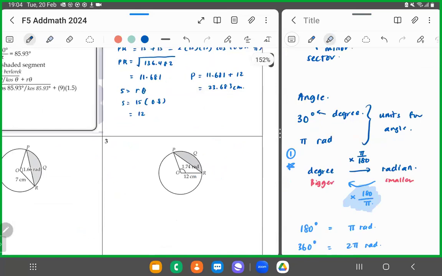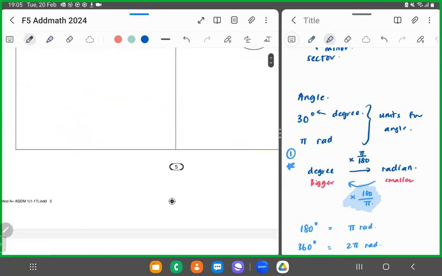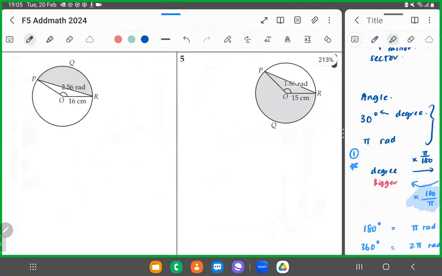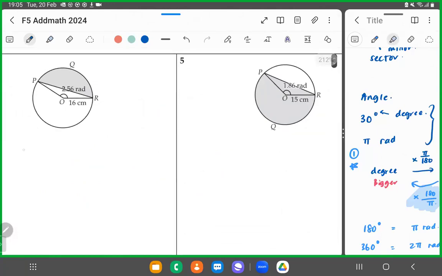Okay, next one. We try these two questions here, number 4 and 5. For the chord, you can either use the cosine rule, a squared equals b squared plus c squared minus 2bc cos A, or the 2r sine theta over 2, or the SOHCAHTOA.